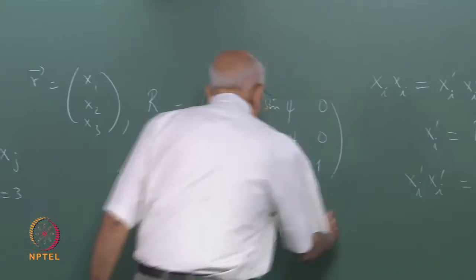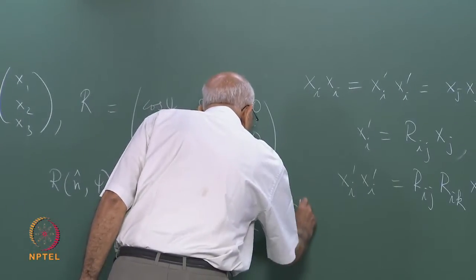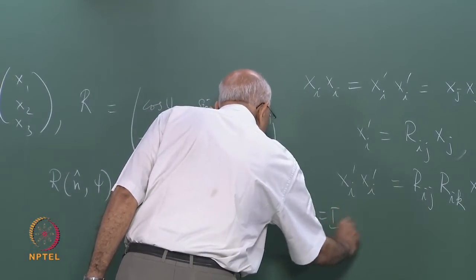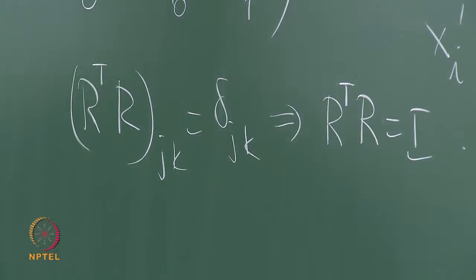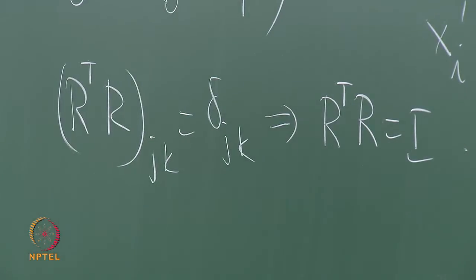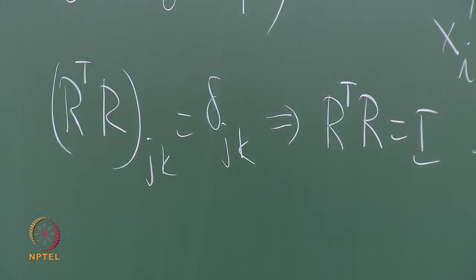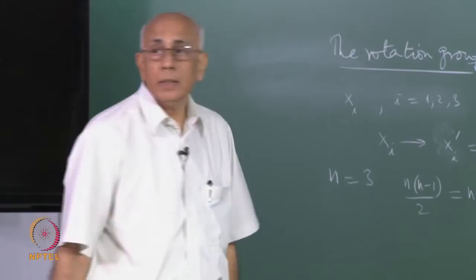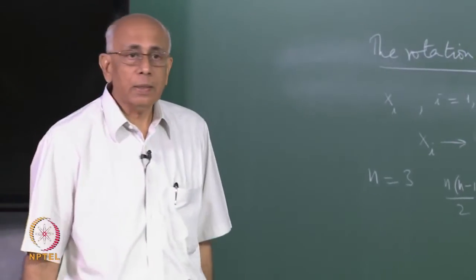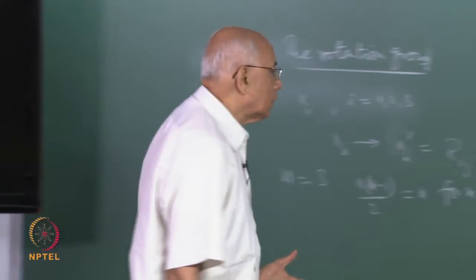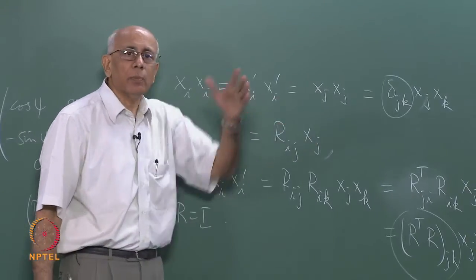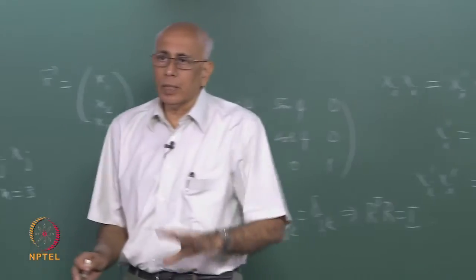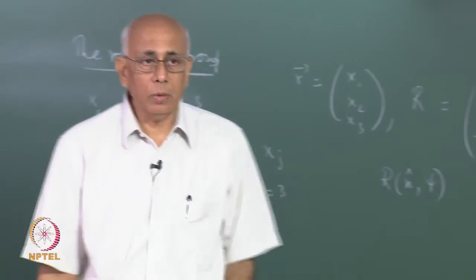So as a matrix, r transpose r is equal to the identity matrix, and a matrix whose inverse is equal to its transpose is an orthogonal matrix, as you know. So rotations are orthogonal matrices, and we have arrived at this conclusion by simply imposing the condition that the distance from the origin to any point should be unchanged under the rotation about the origin. That is all we have used.